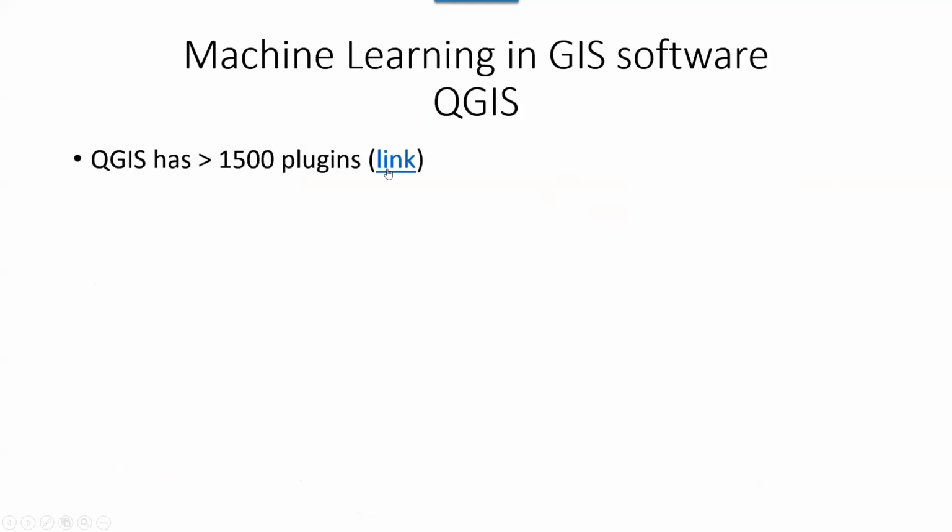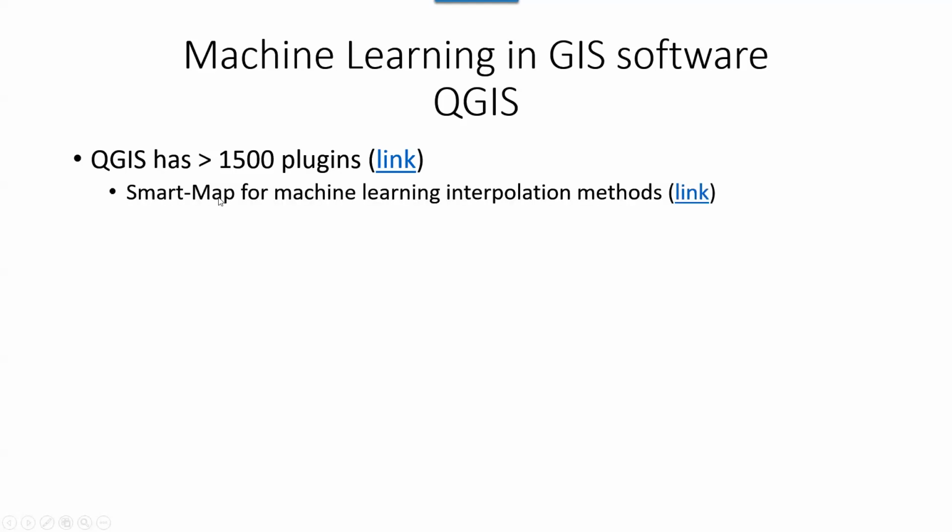In QGIS, most of the deep learning and machine learning algorithms are plugins or add-ons. QGIS has more than 1,500 plugins. There are a few machine learning or deep learning plugins.